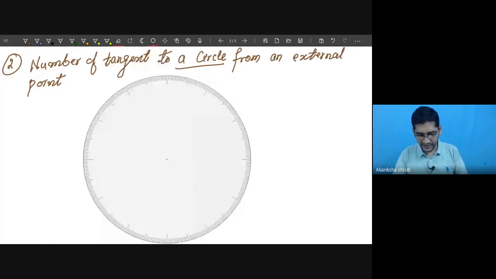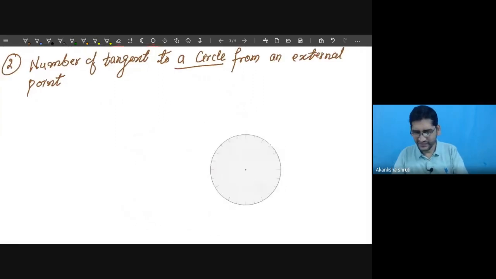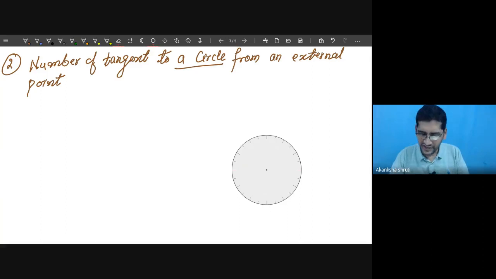So let us consider a circle and any external point, and we will try to draw the tangent.